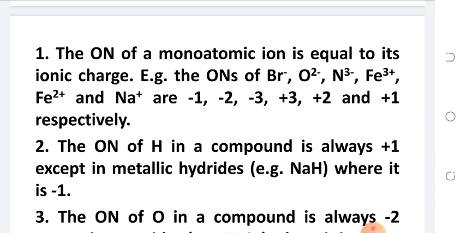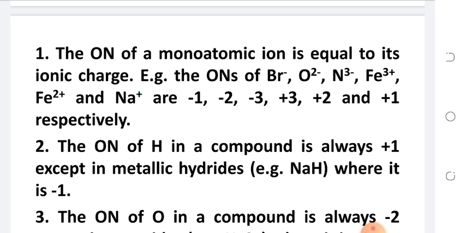Number two, the oxidation number of hydrogen in a compound is always +1. Hydrogen is always taken to be in group 1, a group 1 element. So with a valency of 1, the oxidation number is always +1 wherever hydrogen exists. The exception to that is in metallic hydrides.